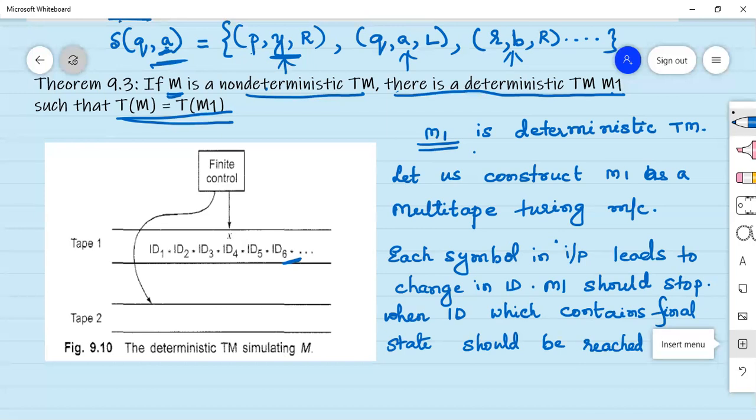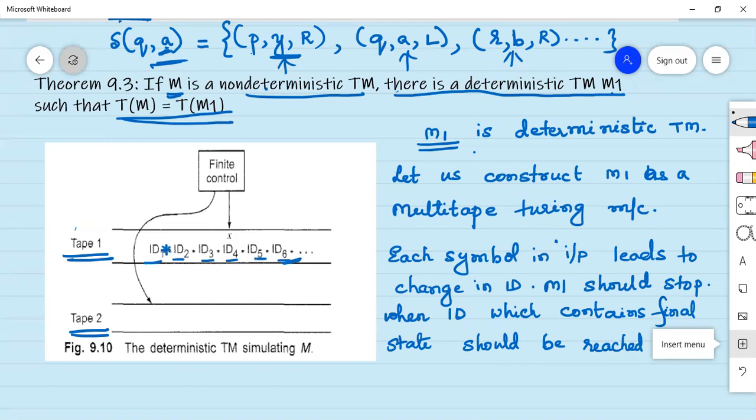Now, how do we actually do this? You see here, we are making use of two tapes. In the first tape, we are storing the IDs of M, and also the state of M. So you have multiple IDs here, ID1, ID2, ID3, ID4, ID5, ID6. And this is a star.